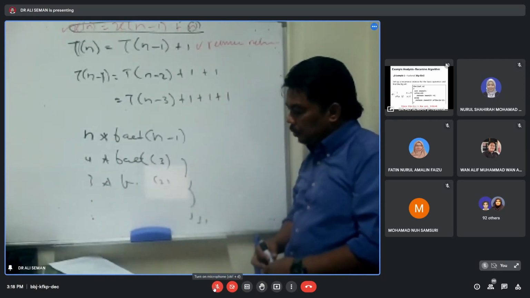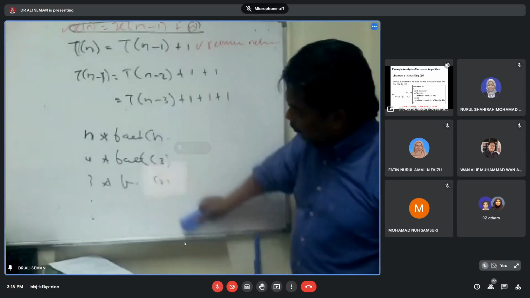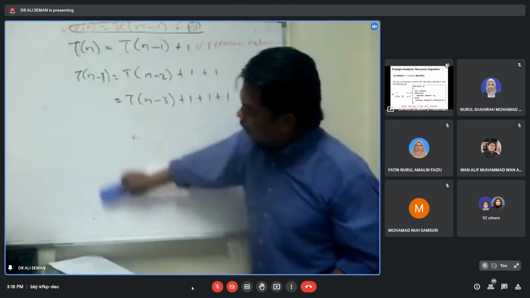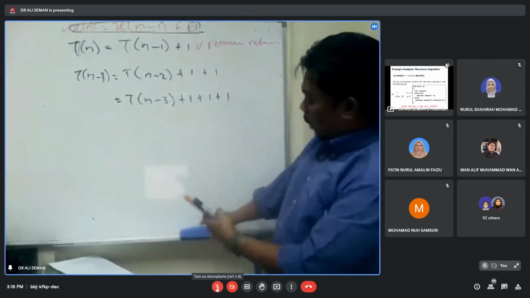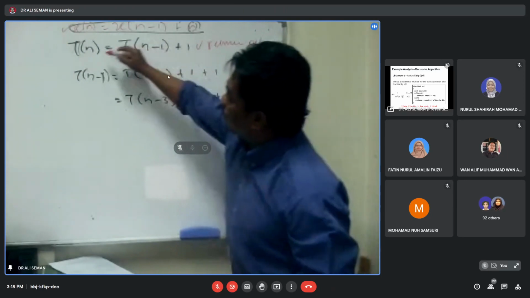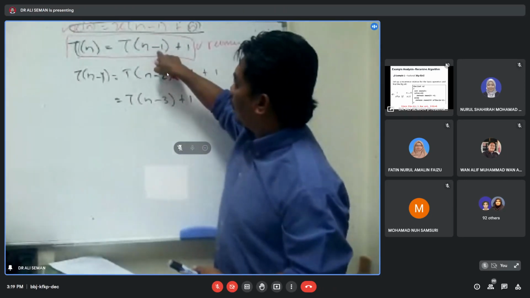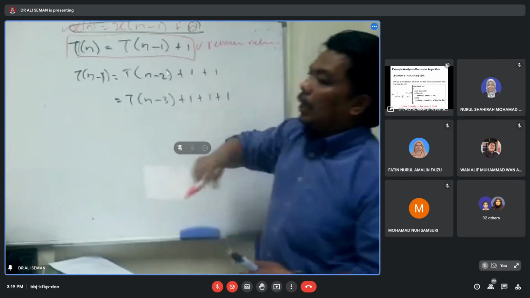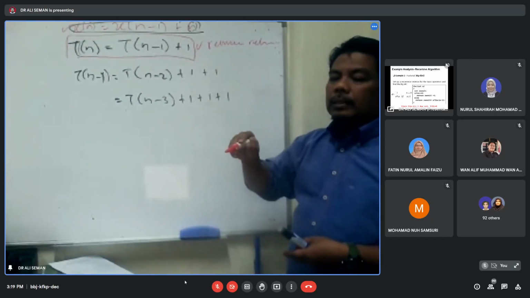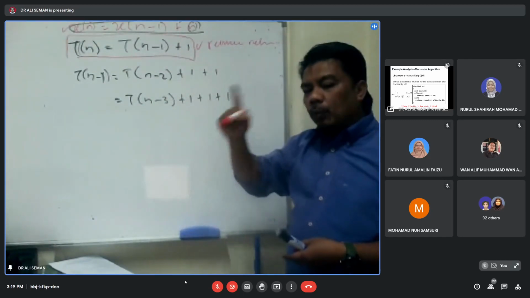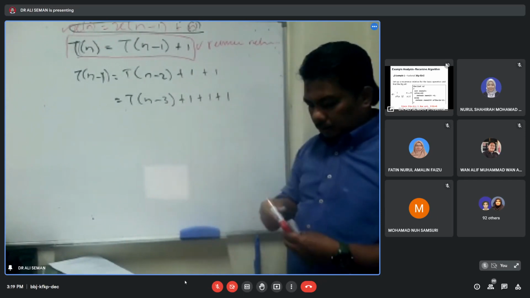Clear? Clear so far? Okay. That's why we need to set this up, and finally we get this recurrence. T of n forms a recurrence plus 1, which means for each repetition it is 1. Clear?